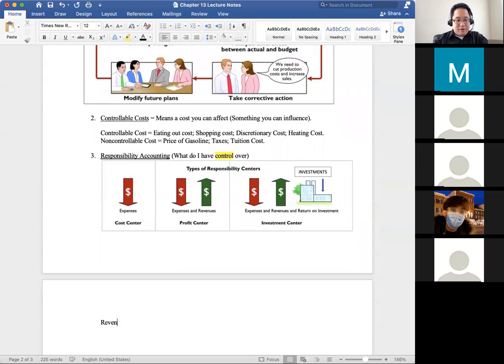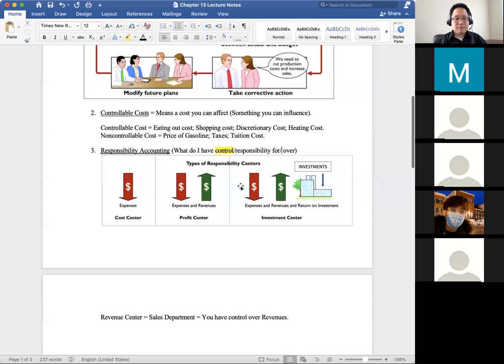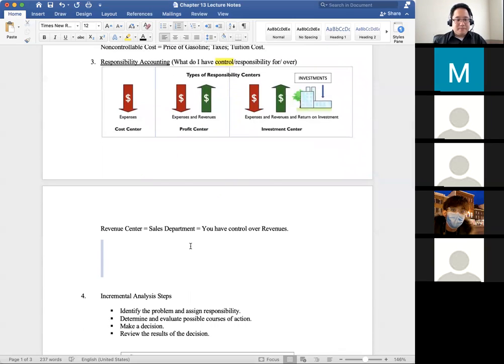There's something missing here, and that's a revenue center. And that's not mentioned here because it's not as common. A revenue center is more like a sales department. And here you have control over revenues. You're responsible for revenues. So when we say the word control, we can also say responsibility for. Okay, good.